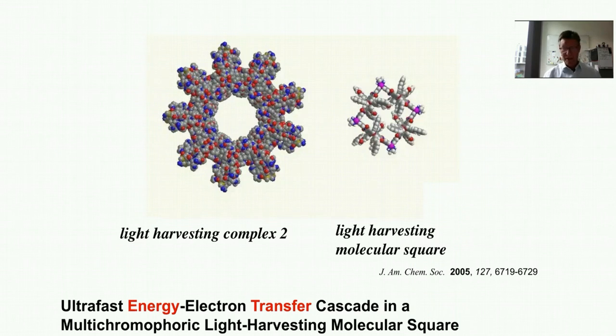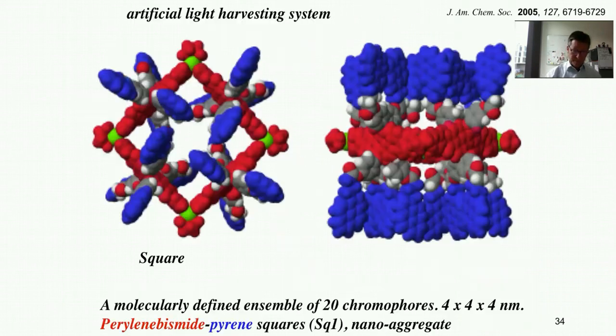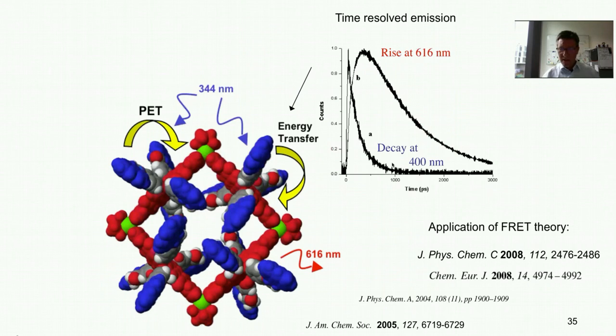We also applied it to these molecular squares. You must have seen them before. We used pyrene and the perylene imide as the acceptor, and we had energy and electron transfer. Here we see a typical signature of the Förster Resonance Energy Transfer process.